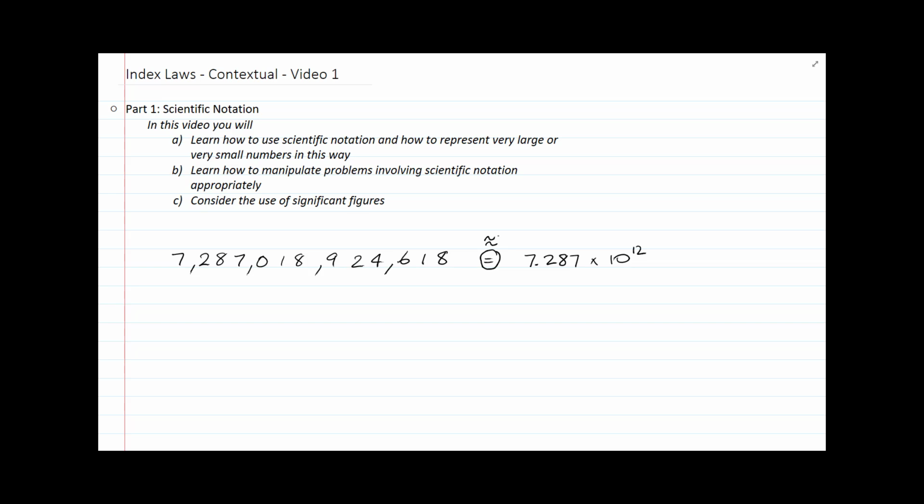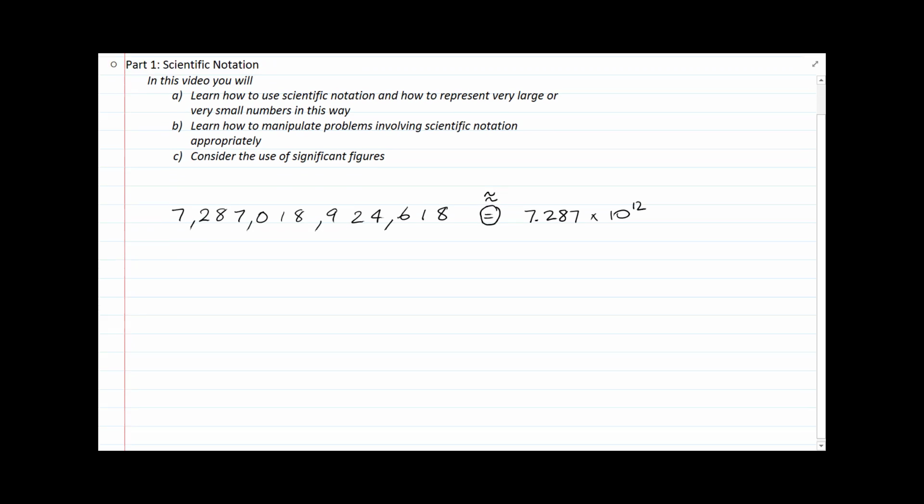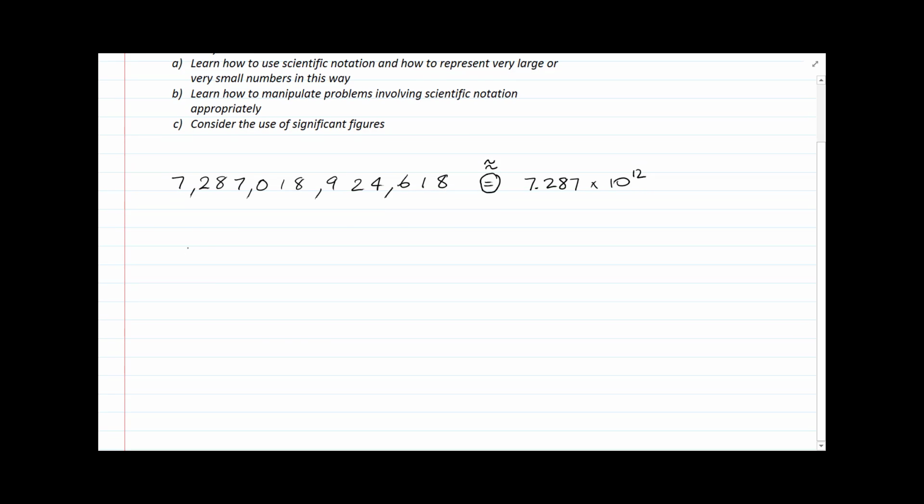So let's have a closer look at scientific notation. Scientific notation should come to you in this form: a times 10 to the power of b. Now, in this case, the a will always be a number that is greater than or equal to 1, and less than 10. So a should exist between 1 and 10.